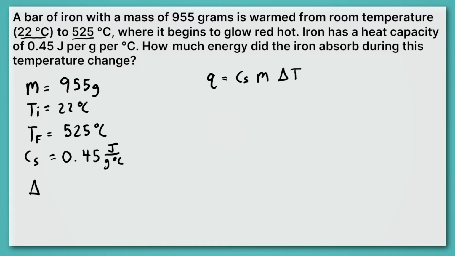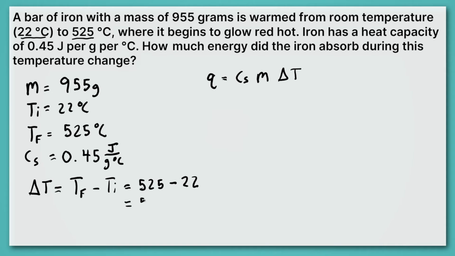The little triangle there is always the Greek letter delta, always means change, and we can always figure out change if we do final minus initial. Just remember, that's the standard way to always find a change: final minus initial. And so in this case, we're going to do our 525, which is our final temperature, minus our initial temperature of 22 degrees Celsius.